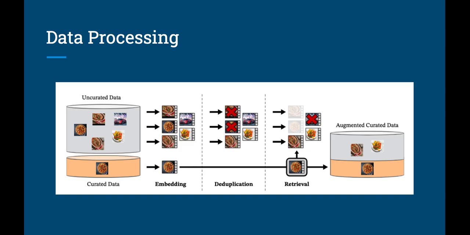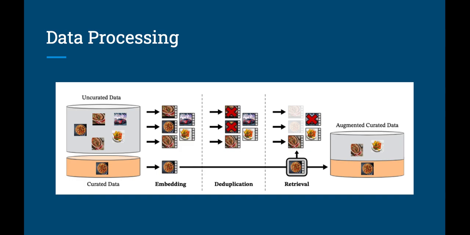We use a technique called visual similarity to match these images to our own curated data set. This technique is borrowed from another paper called Extracting High Quality Monolingual Datasets from Web Crawl Data, which was a pipeline for extracting quality text, not images. But the researchers adapted it to images.